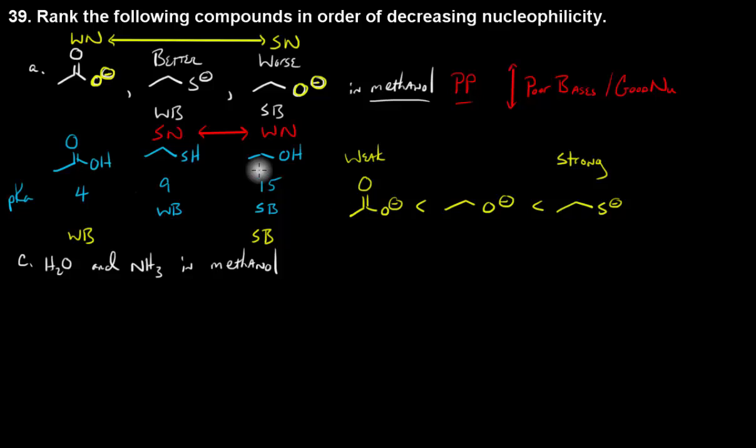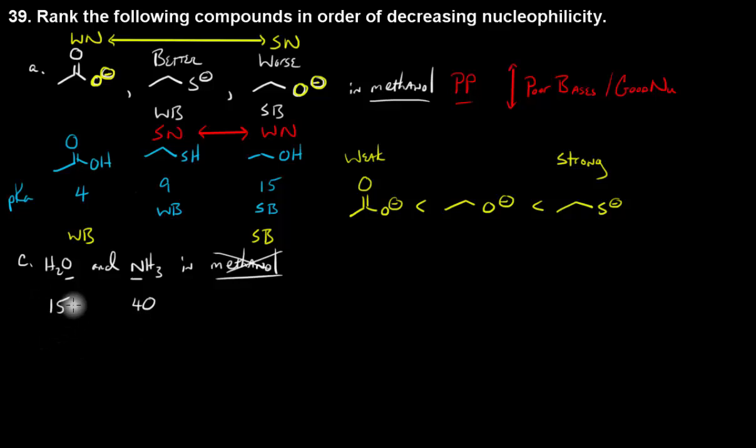All right, so then going on to the next sub-question, water and ammonia in methanol. For ammonia and water, the nucleophilic atoms are the nitrogen and the oxygen. Those are on the same row, so the fact that it's in methanol really isn't a concern. We can just compare pKa directly. The pKa for water is 15, and the pKa for ammonia is 40.